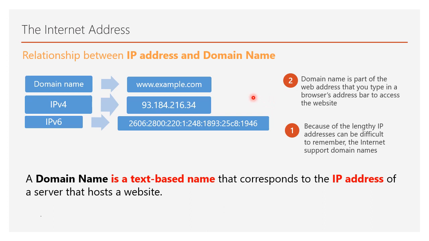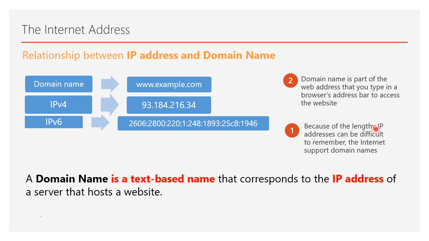So why do we need to create another version of the IP address with a domain name? Because an IP address is always a type of number. It is much more difficult for us as humans to memorize the address.